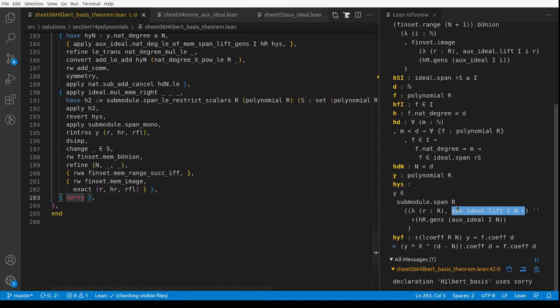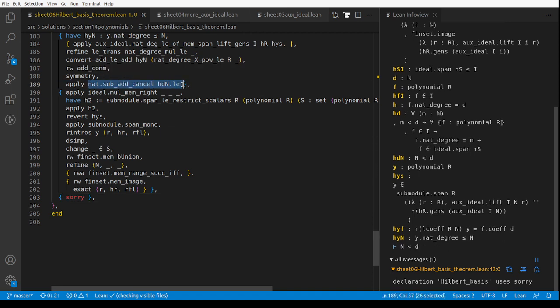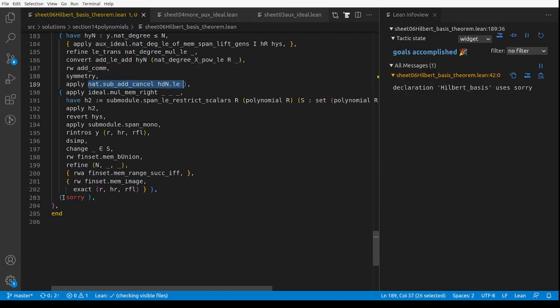So that's good. And now what? I've got to prove this, and so there will be a lemma about, what was that thing called about nat dot sub add cancel? Let's rewrite that.